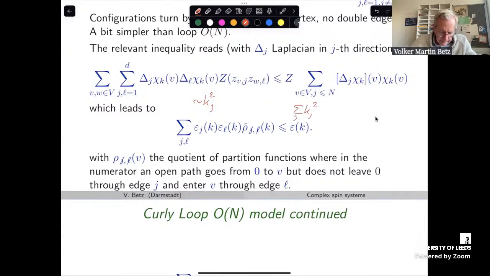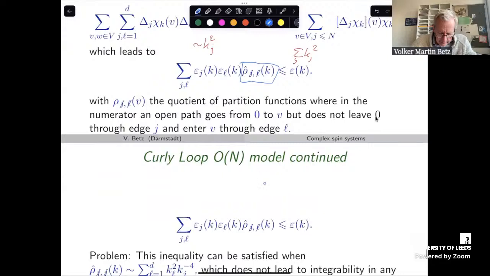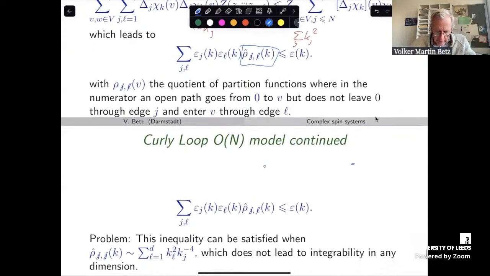And you get something which is very, very close to something you can use to prove long-range order. But what you would need, just by the fact that you are now dealing with the loop model and not the double dimer model, is to compare two different quantities.